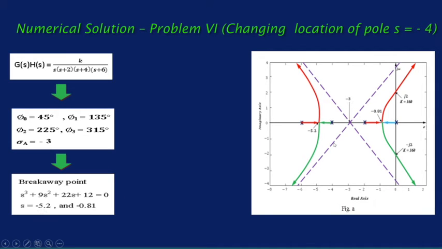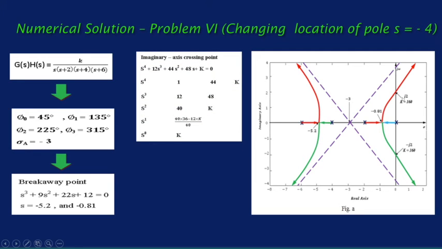Then minus 5.2 lies in the root locus. Another point, minus 0.18, lies in the root locus. And these root loci move to infinity along the asymptotes.